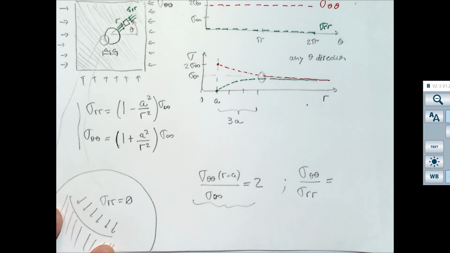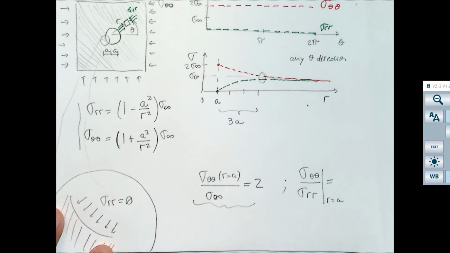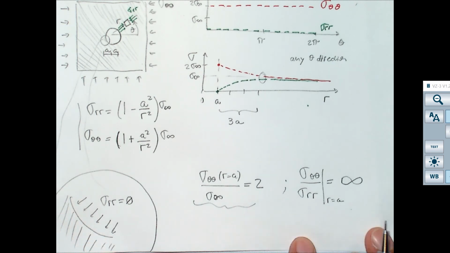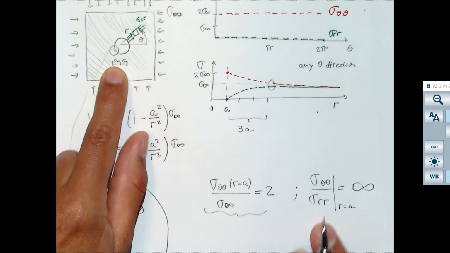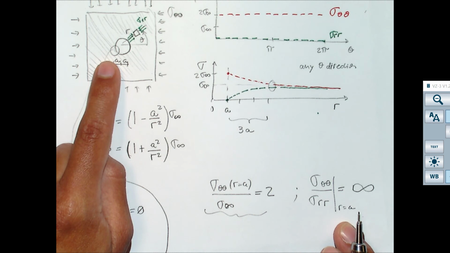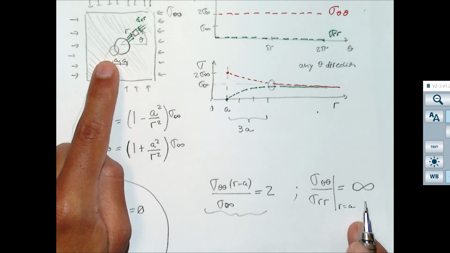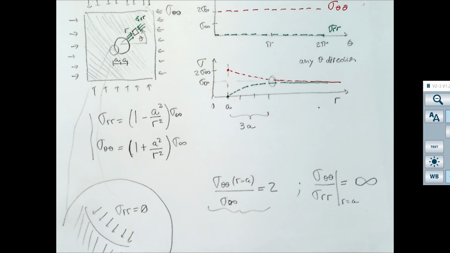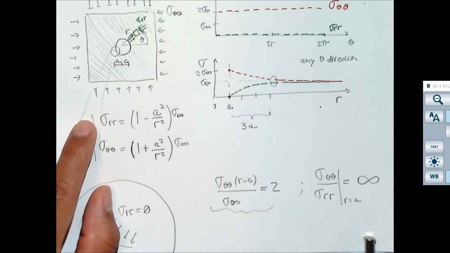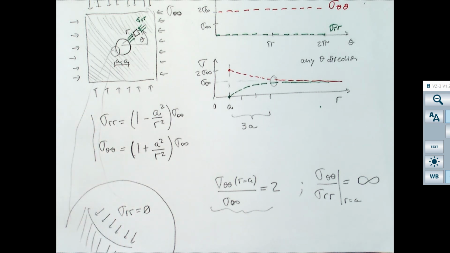At the wall of the wellbore, sigma theta theta divided by sigma RR is infinity. And that means that this rock can resist this stress only if it's cemented. You remember that uncemented materials cannot have any stress anisotropy if they don't have any effective stress support. And this is the reason why you cannot make wellbores in dry sand. Because at the wall of the wellbore you get to this condition in which the rock just fails.